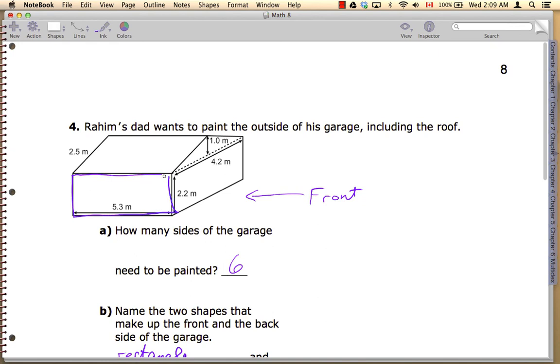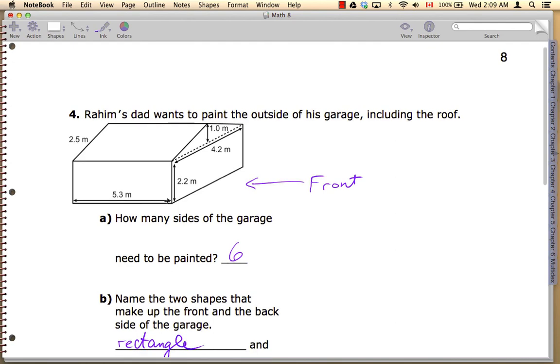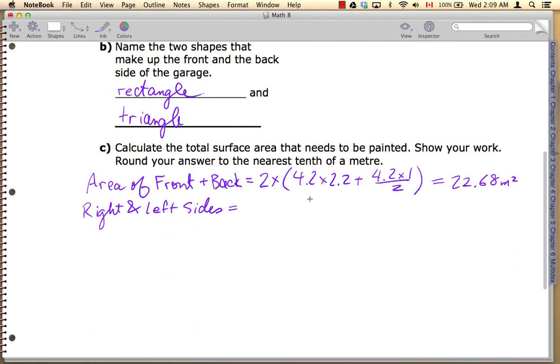Now we'd like to calculate its area. What we can do is calculate the area of one of them and then just double it. So that is going to be 2.2 times 5.3, and of course we're going to double it. When we multiply these things, we get 23.32 square meters.